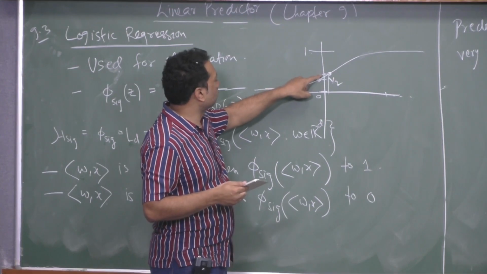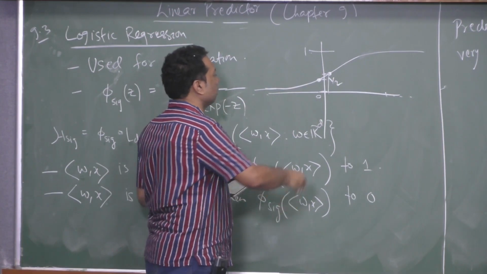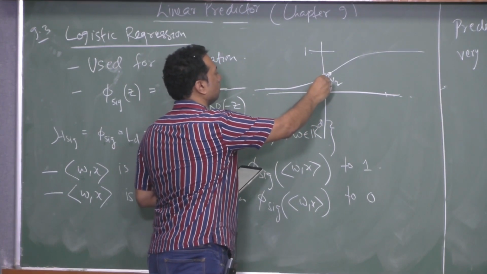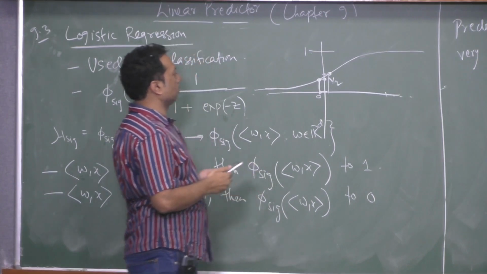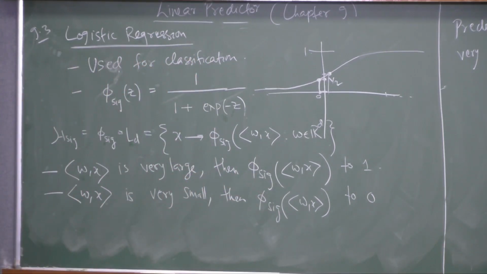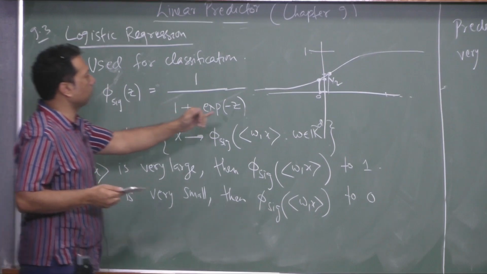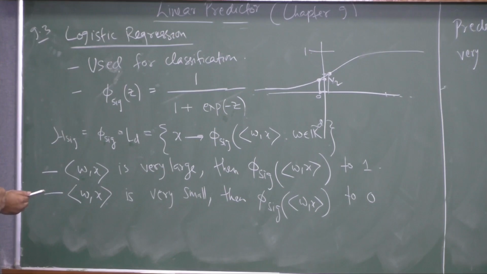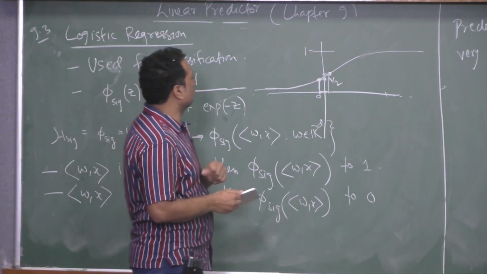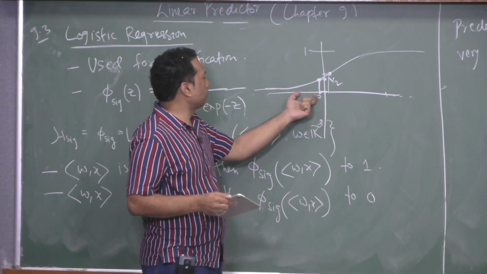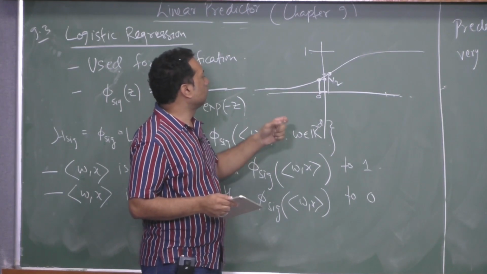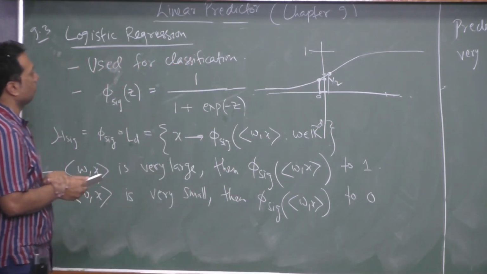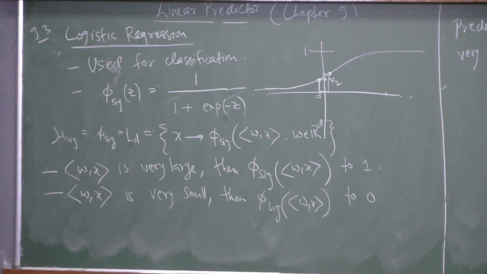Similarly, for this data point the sigmoid is giving me a value slightly less than half, so we can say there is a 45% probability, or a 55% probability that it's on this class. That way you can see it as probability values.